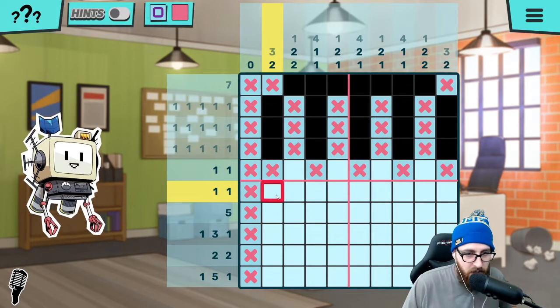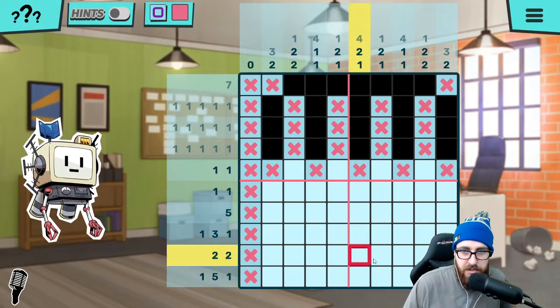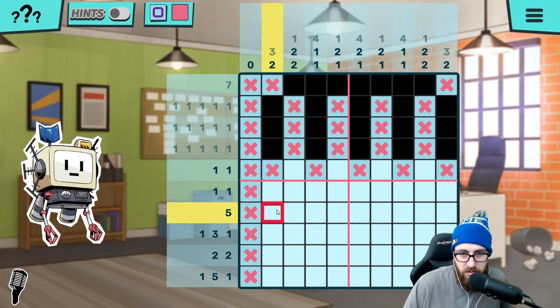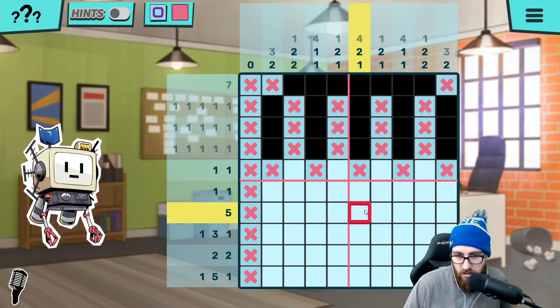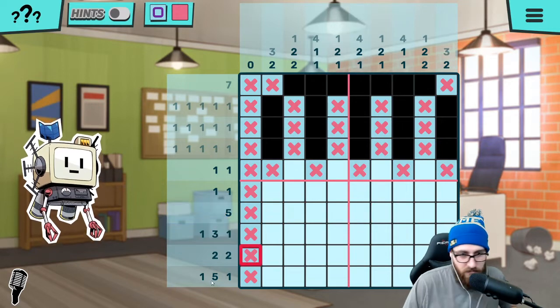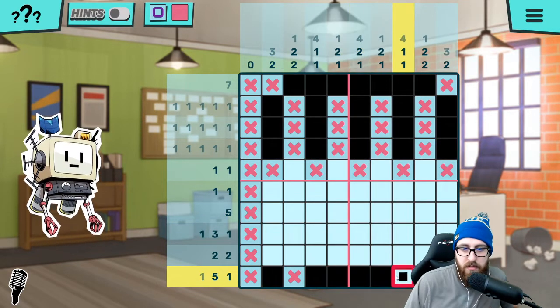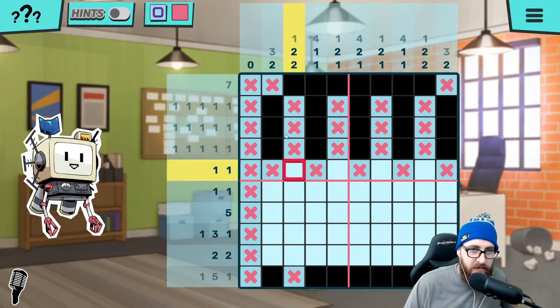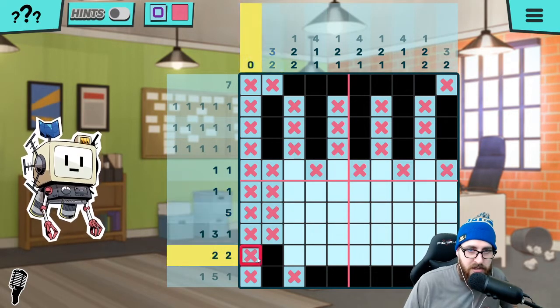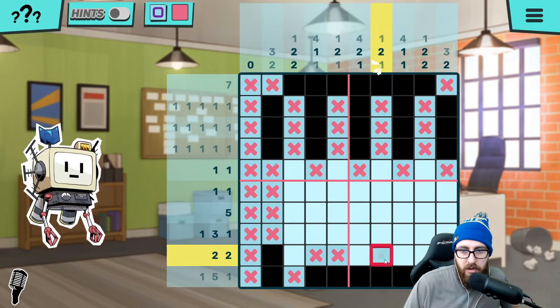Pops the 2. We have 2 1s, 5, 1 5, 2 2. 1 5 1. 5 1 is a perfect fit there. So we know that has to be our 2 here. This is a 1 1 1 1 1 1.